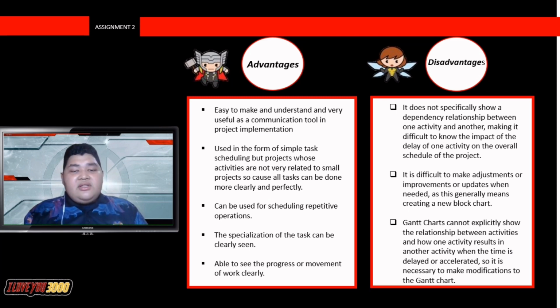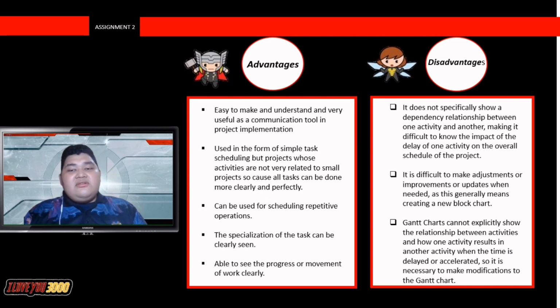Third, can be used for scheduling repetitive operation. Next, the specialization of the task can be clearly seen. Last but not least, able to see the progress or movement of work clearly.